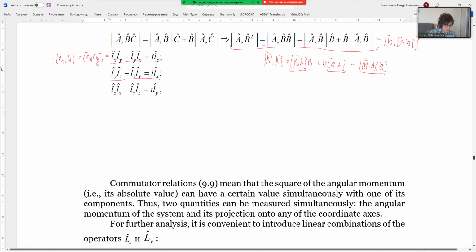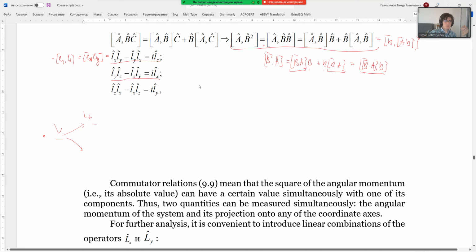Give me 5 minutes. I want to explain this on the experiment, from the experimental setup. You remember the Stern-Gerlach experiment, when you put some particle through the inhomogeneous magnetic field, and it goes up or down depending on its angular momentum projection on the z-axis, let's say Lz.